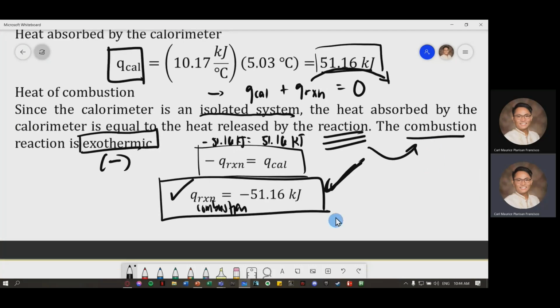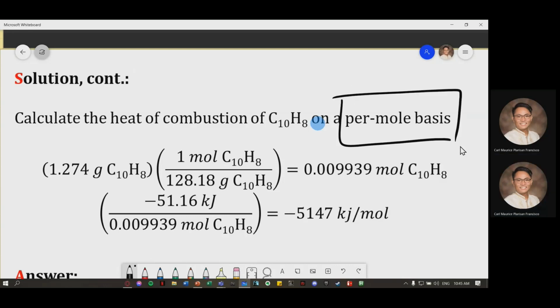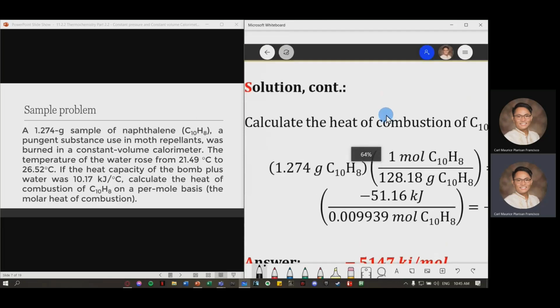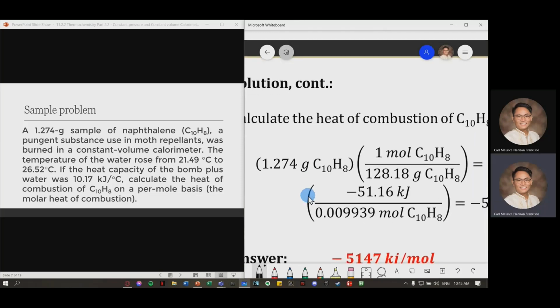How? Calculate the heat of combustion on a per mole basis. How do we do that? Remember, we have here the given 1.274 grams of naphthalene. We just convert the grams into moles of naphthalene using the molar mass.